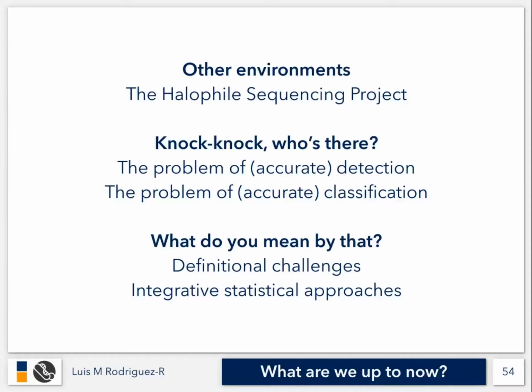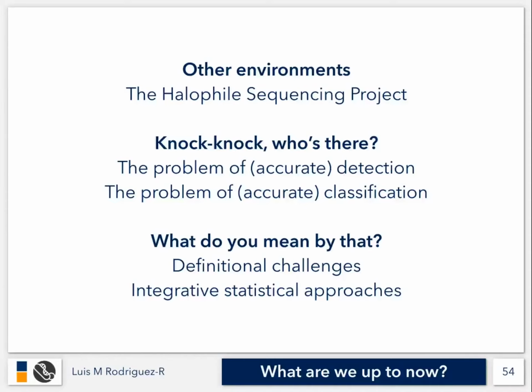The second problem we're trying to address is the problem of who's there. I have been telling you who's present and who's absent in those visual representations of matrices, but that problem is not solved. We don't have a very robust statistical framework to define detection.